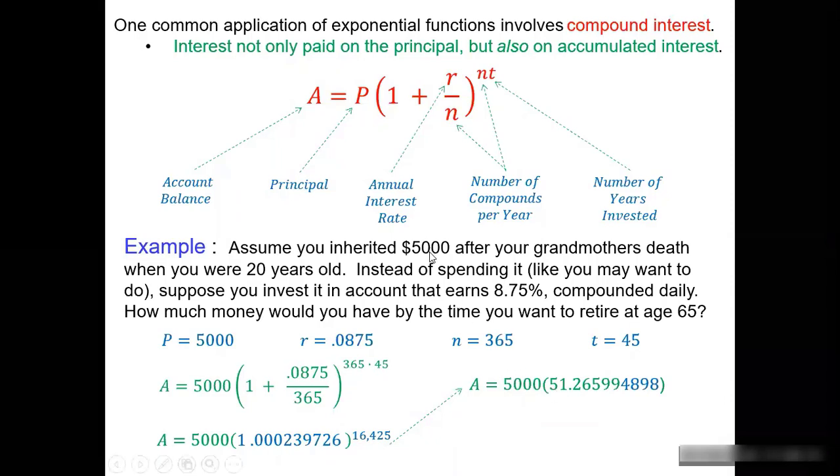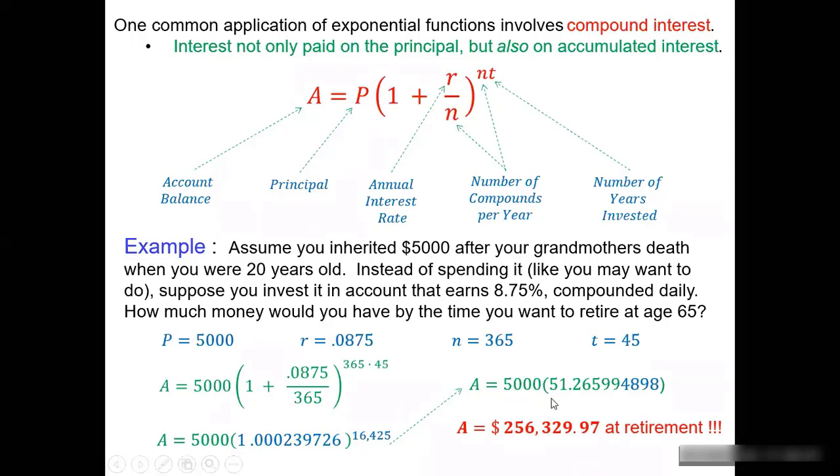So if you invested this $5,000 after your grandmother's death at 20 years old, and you decided to just let it wait until you retired at age 65, that $5,000 would become $256,329.97 by the time you're ready to retire.